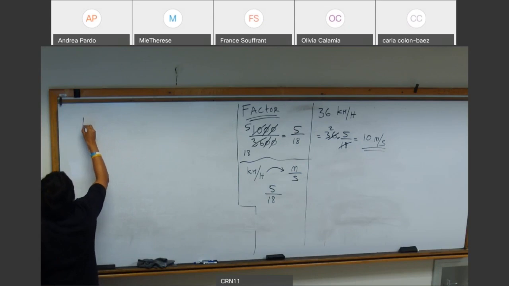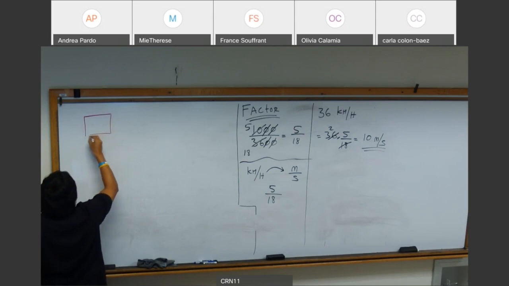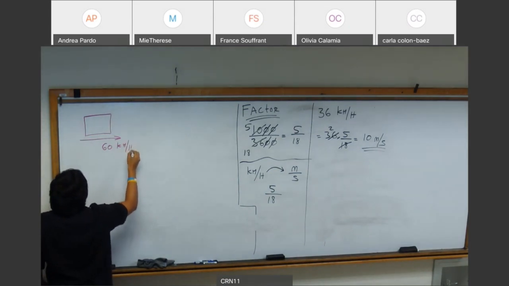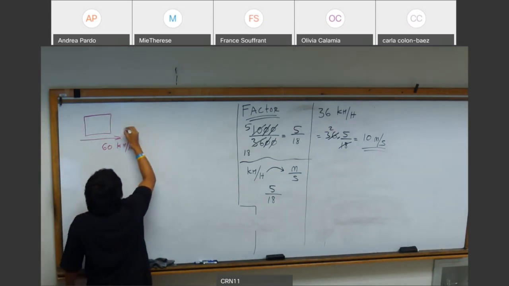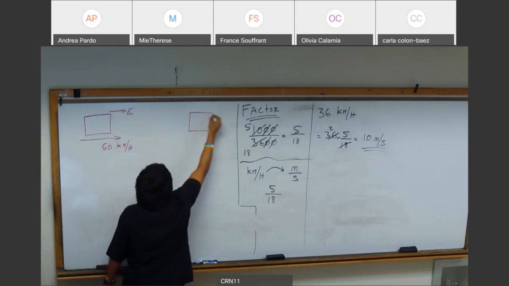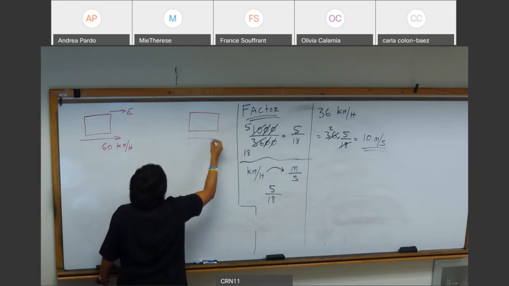You have a car that is moving at 60 kilometers per hour, and it's accelerating, and then after some time, it will get to 90 kilometers per hour.